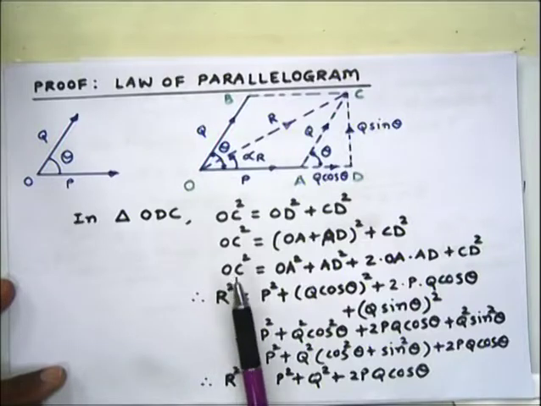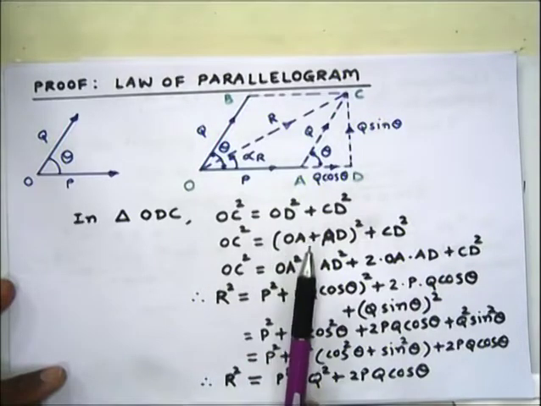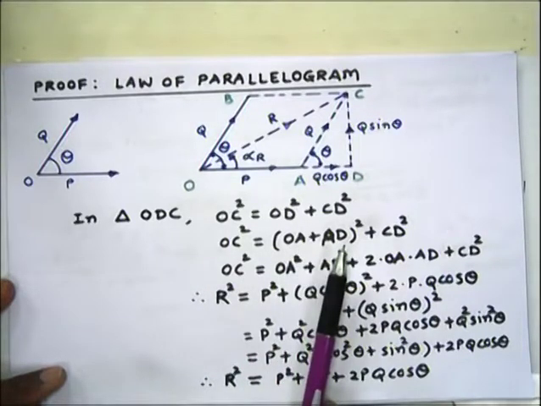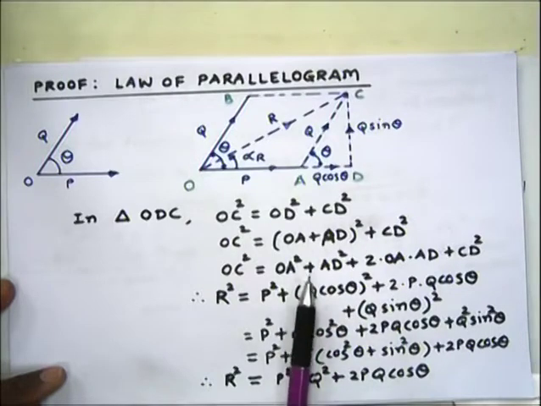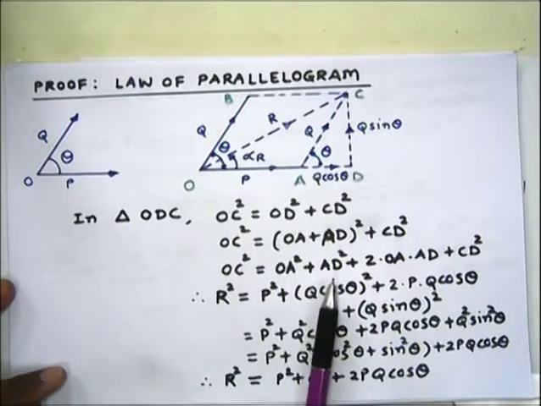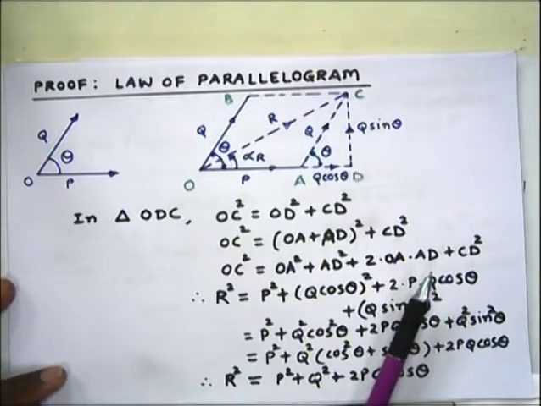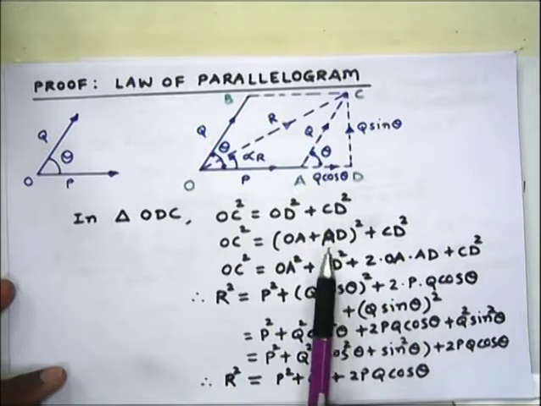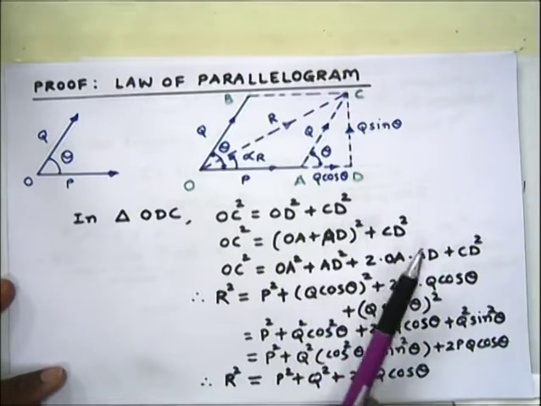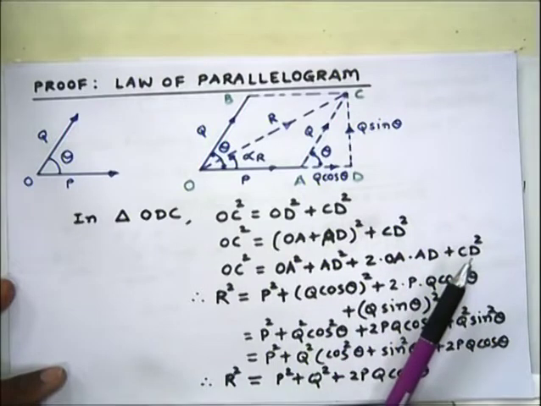Then we can expand OA plus AD square as OA square plus AD square plus 2 OA into AD. This is what you have learnt in mathematics. So expand it, the expansion of OA plus AD square, with CD square as it is.